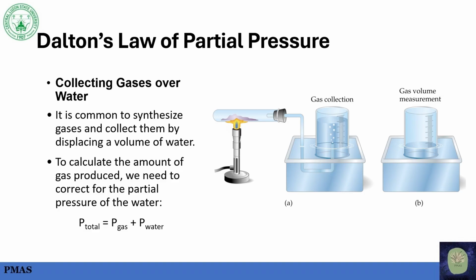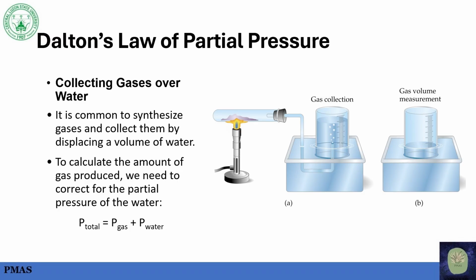Now, Dalton's law of partial pressure is important in collecting gases over water. It is common to synthesize gases and collect them by displacing a volume of water. To calculate the amount of gas produced, we need to correct for the partial pressure of the water.